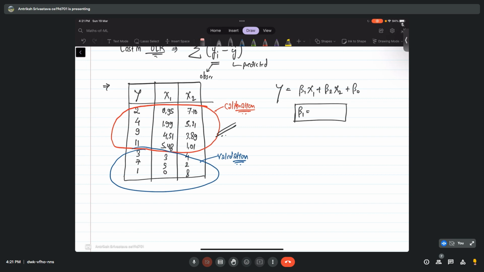What do you guys think is a good value for beta 1 if I am trying to calibrate my model using this data set? Leave beta naught and beta 2. Just look at the values of y and x1, and you can easily guess that there is a value in fact.